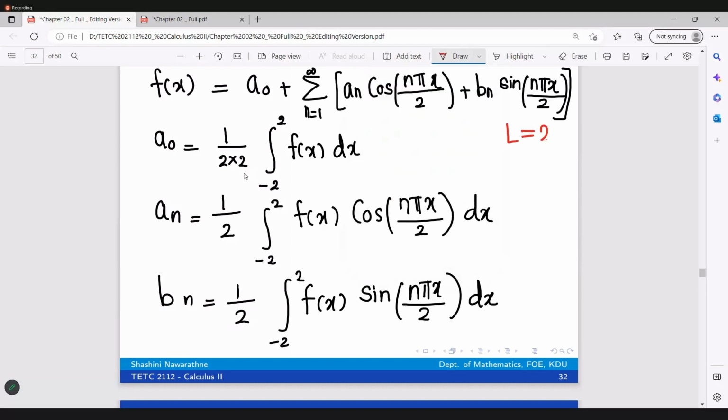If L equals 2, otherwise this should be L. So I have replaced all these L terms by 2 because we have identified that L equals 2 in this problem. We need to find each coefficient.